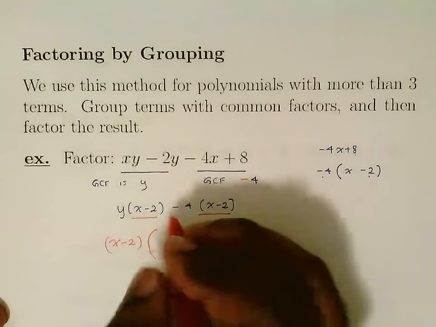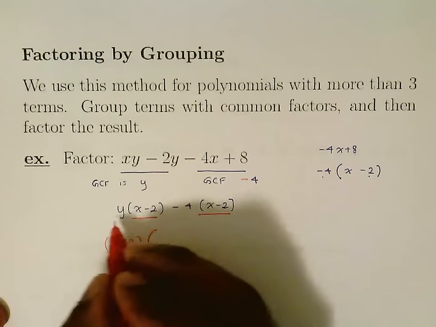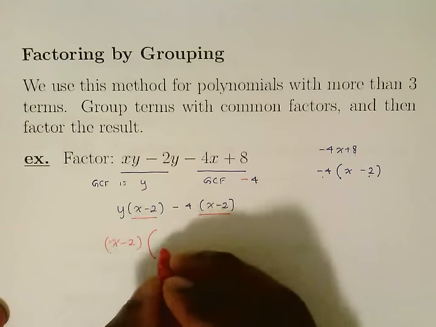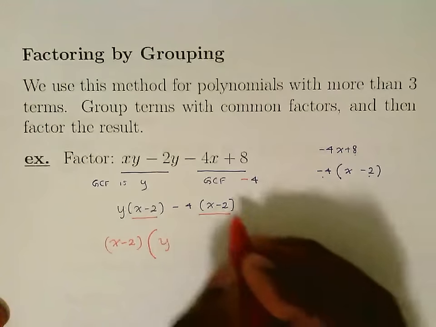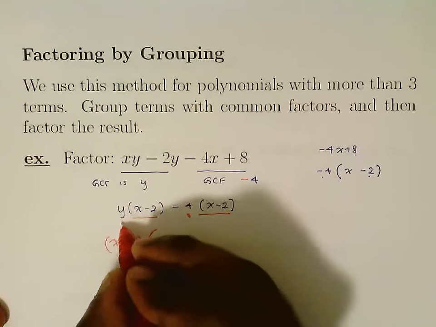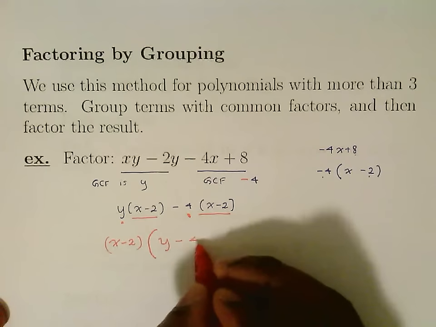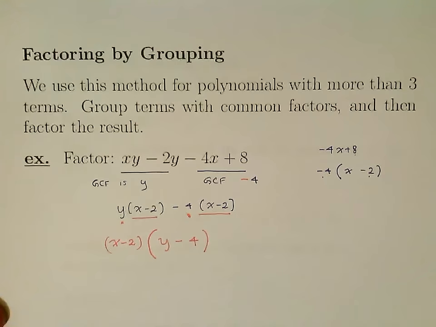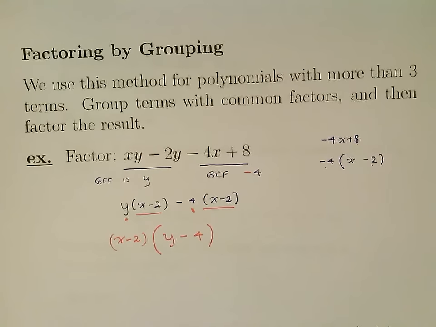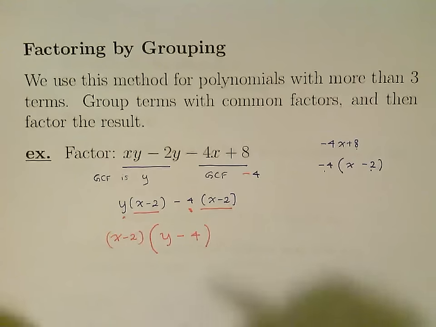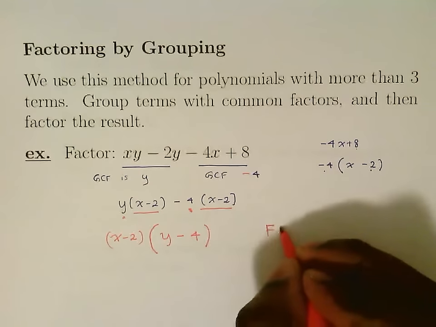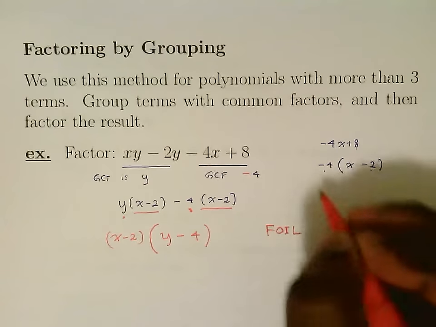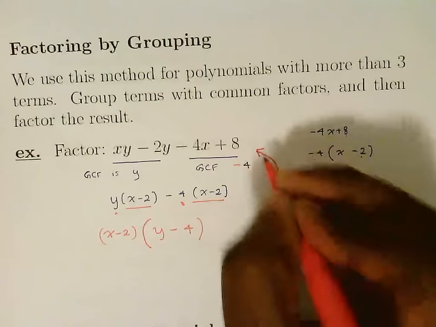Okay, and then write down what's remaining from the first term, that is y, and write down what's remaining from the second term, that is minus 4. And if you feel like you've been cheated, I would ask you to file this and see you get this back.